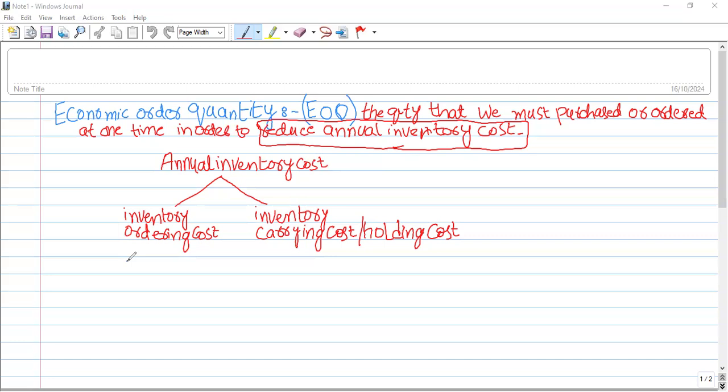When we talk about the purchase department, there are two cases, that is new supplier and old or existing supplier. In case of an existing supplier, we directly issue the purchase order. But in case of a new supplier, we first issue the letter of inquiry, then quotations, then selection of supplier, and then the purchase order.